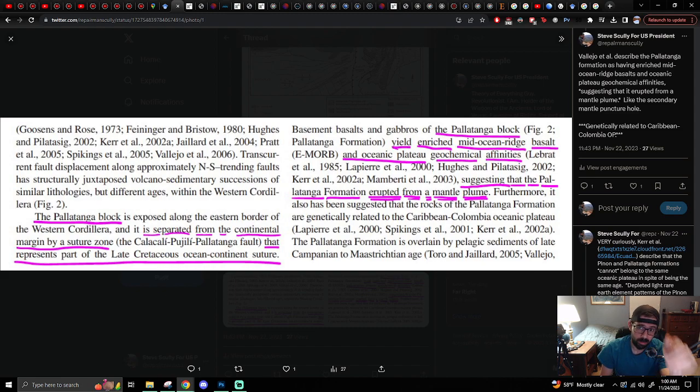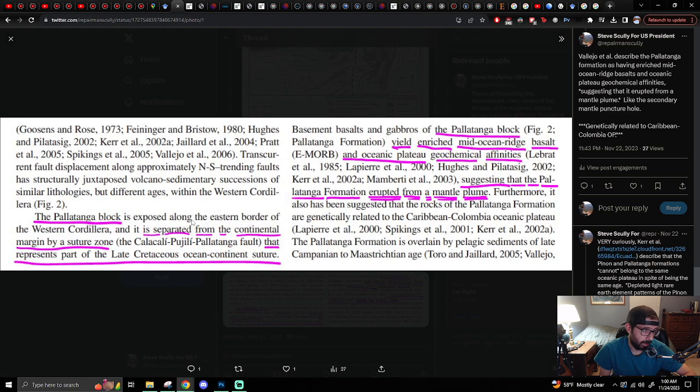So there's enriched MORBs and oceanic plateau geochemical affinities. And then I go on to say, suggesting that it erupted from a mantle plume. Let me just read theirs over here that I underlined instead of reading this directly.